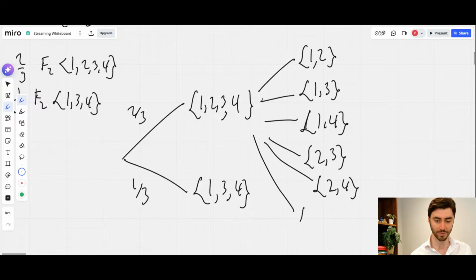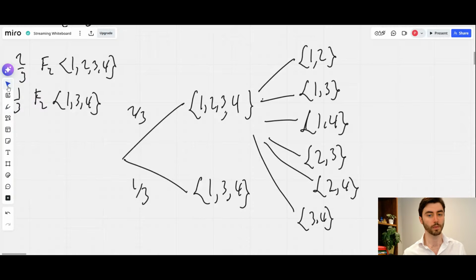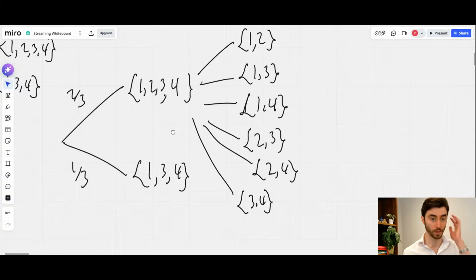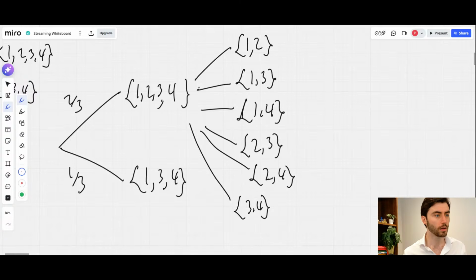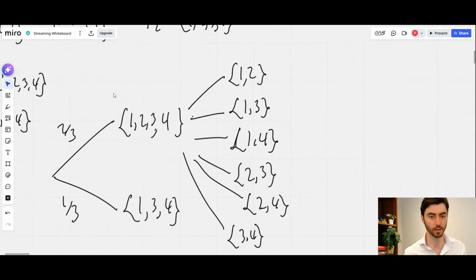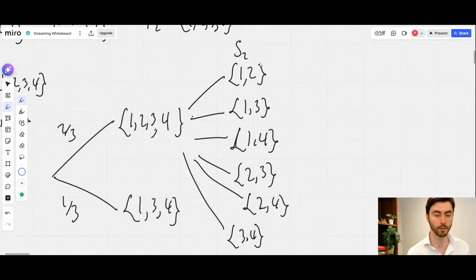We could have 3, 4. And these are what S2 could be. These are all my S2 options. And these would all be equally likely.